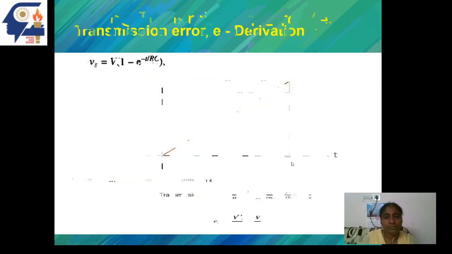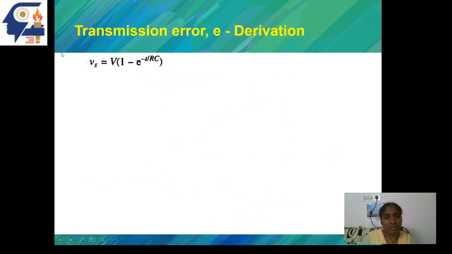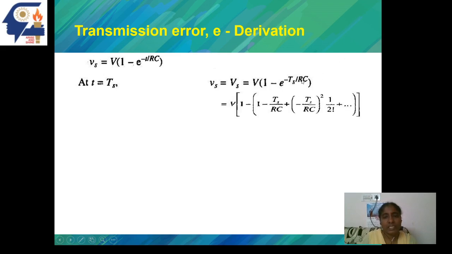Now take the output equation, V equal to V into 1 minus e power minus t by Rc, and substitute t equal to Ts. We get the output voltage as Vs; in the graph it reaches the Vs level. Again expand e power minus x as 1 minus x plus x square by 2 factorial and so on.